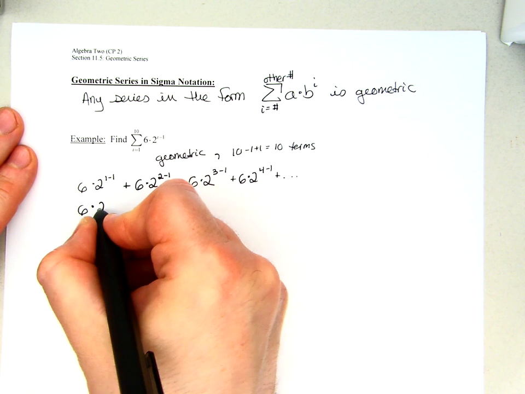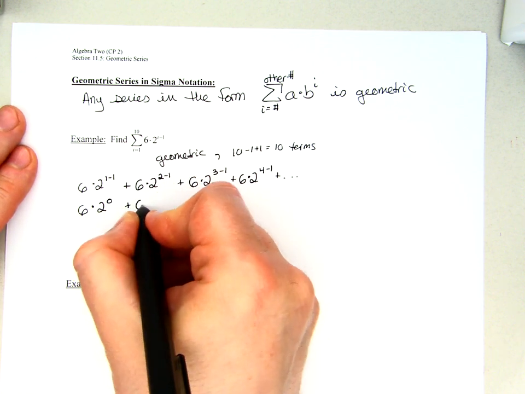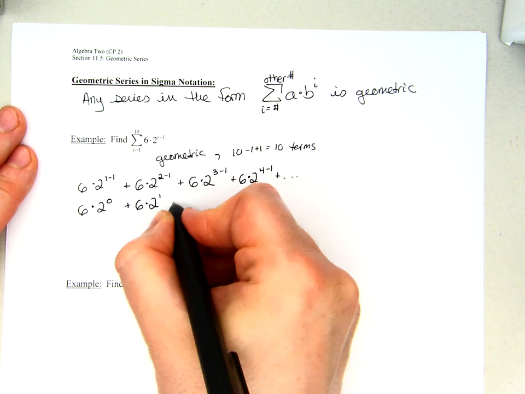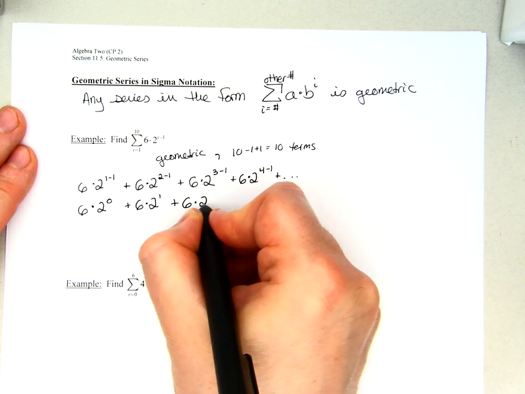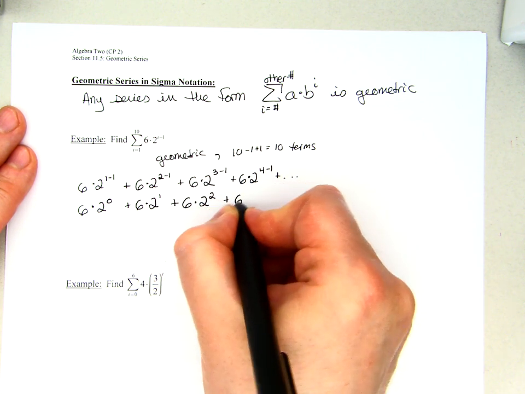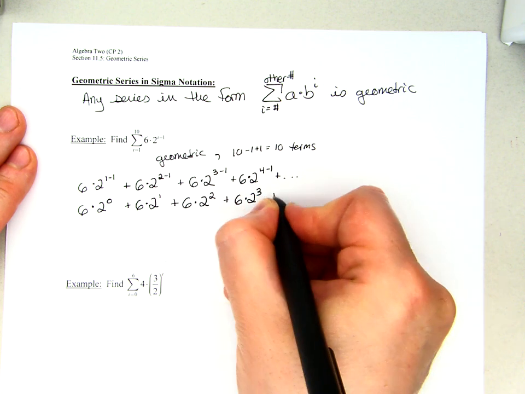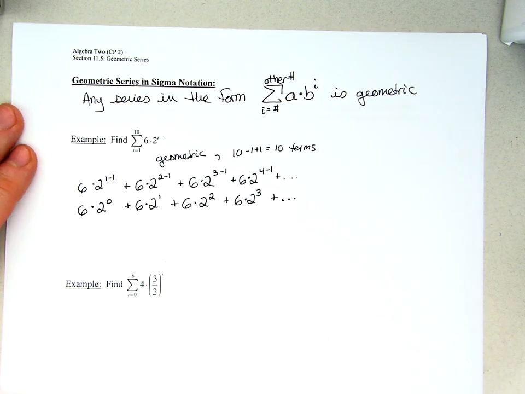6 times 2 to the 0, plus 6 times 2 to the first, plus 6 times 2 to the second, plus 6 times 2 to the third, plus dot, dot, dot.